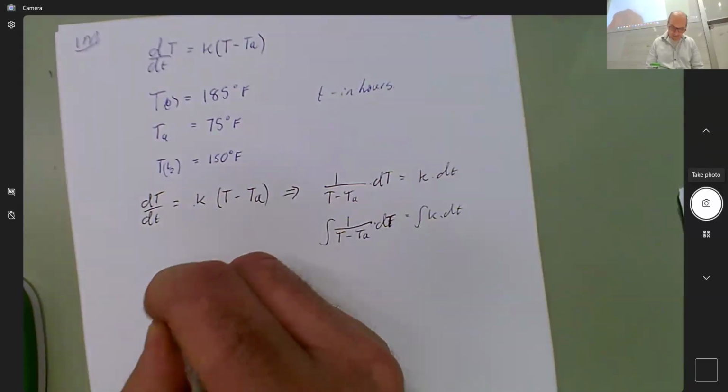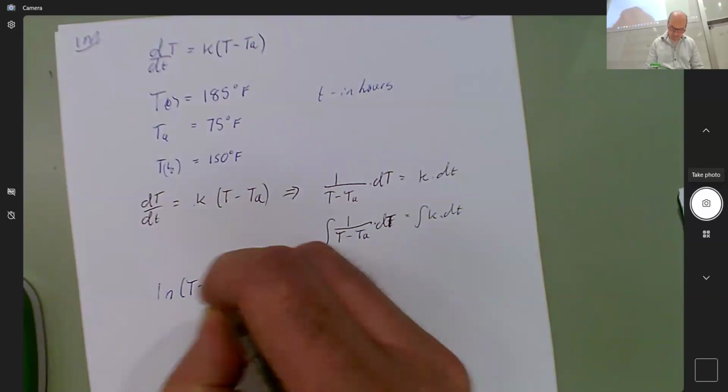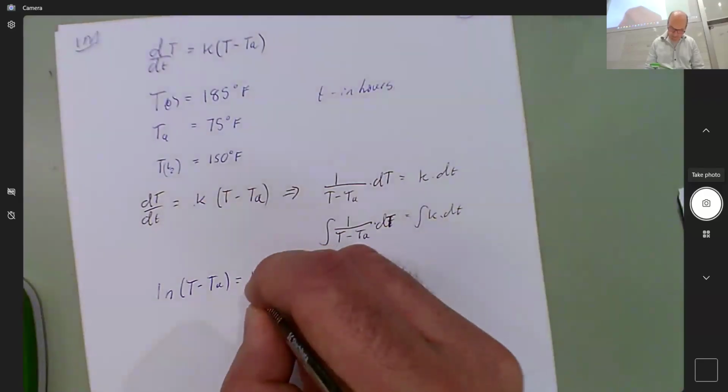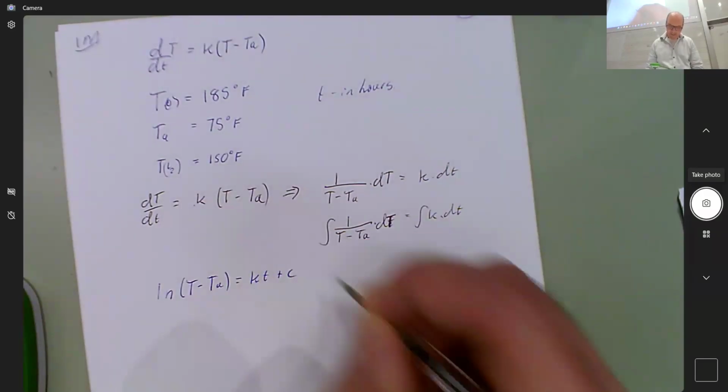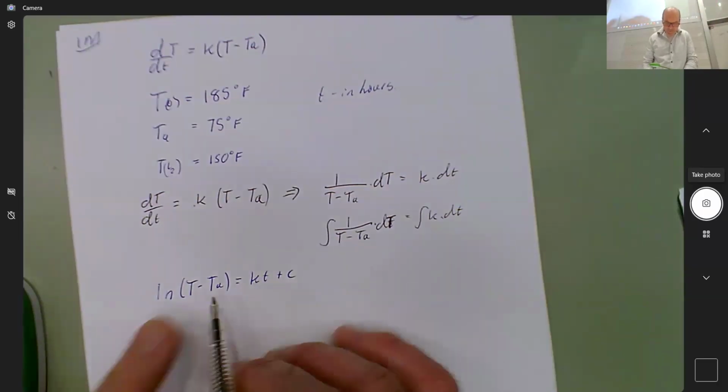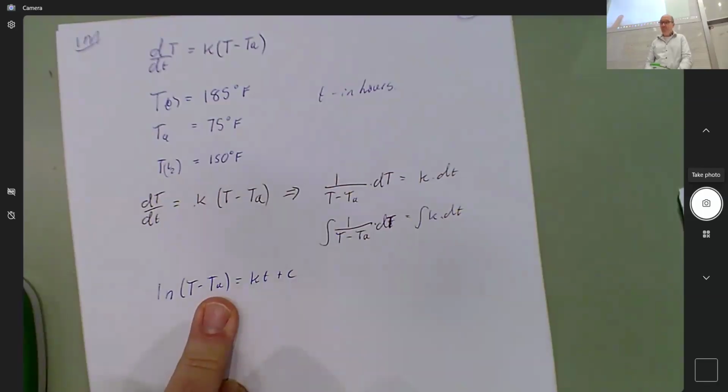This one is going to leave me with ln of (T minus Ta), and this one is going to get me k times t plus c. The reason I've written it that way is I've only added one constant of integration, but if you imagine I'd added two, I then collected them together because they are like terms.